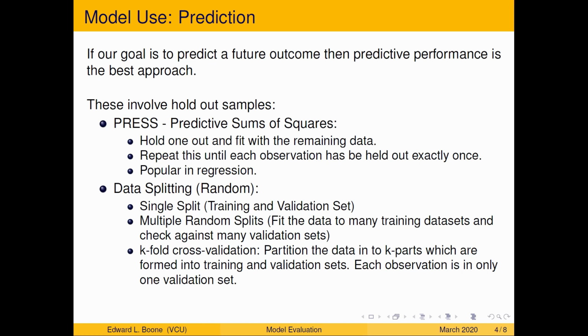All right, so there's also data splitting, which is what we're mainly going to be focusing on, which is a single split. We've done these in a few other videos where you'll split the data and you'll say, this is my training set and this is my validation set. Sometimes you might want to do multiple random splits. So do this across many different training and validation data sets, especially if your data has some weird structure to it.